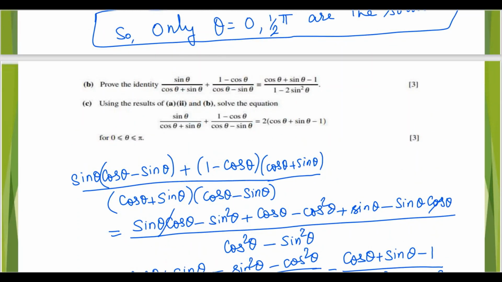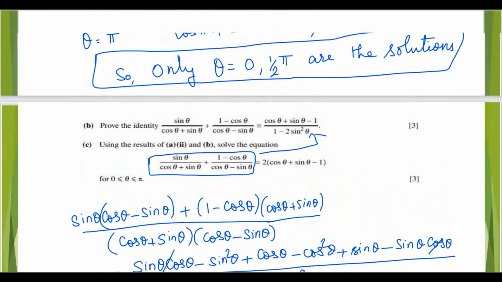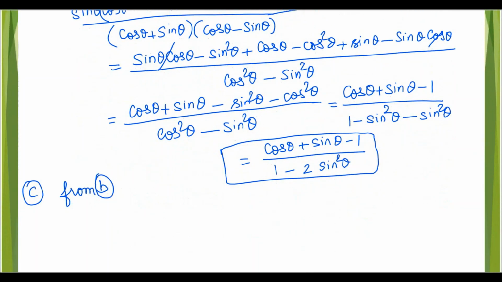So from part B, we know that this is equal to this expression, cos theta plus sin theta minus 1 divided by 1 minus 2 sine square theta.